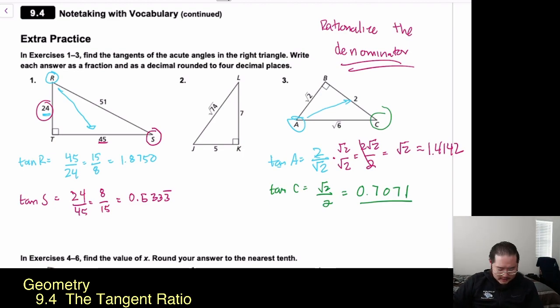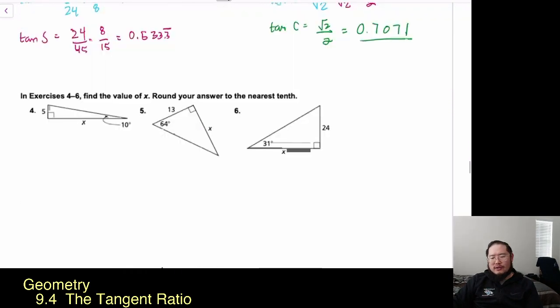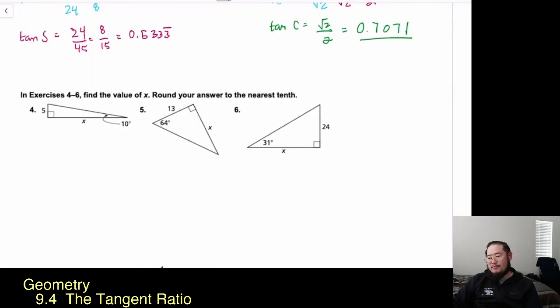All right, number 4. This is where things get a little trickier than what we've seen already. It says find the value of x and round your answer to the nearest 10. So we have x right here, and I've got this angle 10. Instead of an angle with a letter, what I'm going to do is start off with the angle that we have right here.